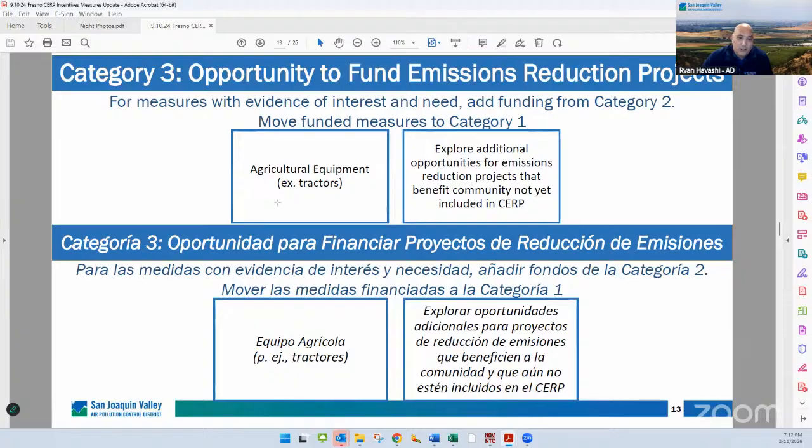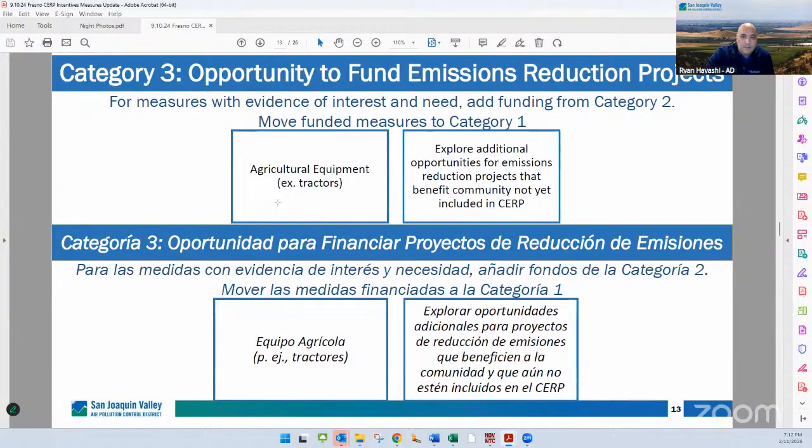So the last bucket was our opportunity to shift funding. This is kind of the last thing we talked about last time: agricultural equipment, such as tractors. This is something that doesn't have regulatory requirements to replace equipment. It's pieces of equipment that we know operate quite a bit.